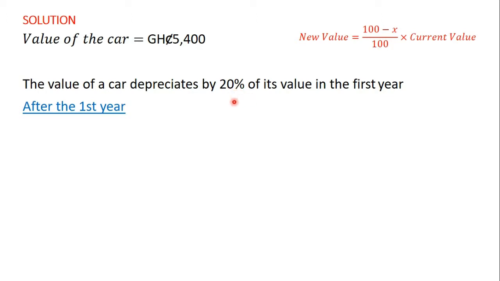We have learned that if the value of an article depreciates by X%, then the new value of the article is equal to (100 minus X) divided by 100 times the current value. It means that after the first year, the new value of the car is going to be equal to 100 minus the rate of depreciation, which is 20%, so X is 20, divided by 100 times the current value of the car, which in this case is 5,400 Ghana cedis.